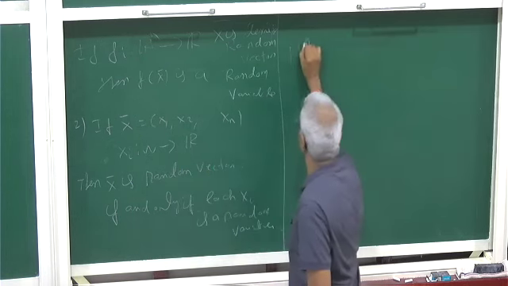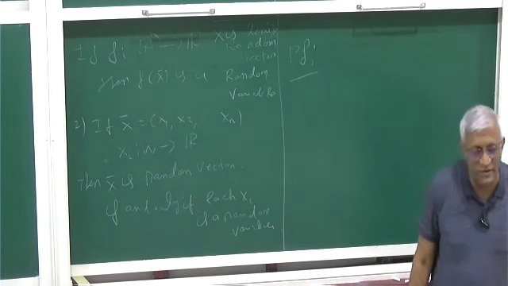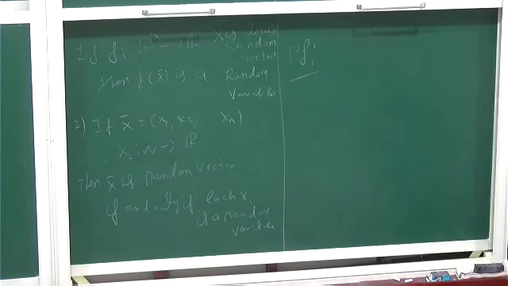The proof is direct. You can just take n random variables and then get a random vector out of this.